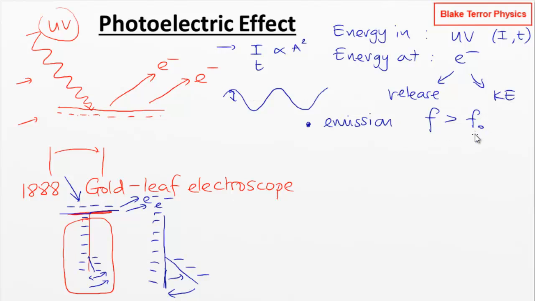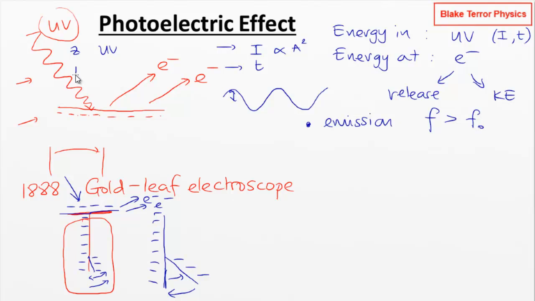So that's already a problem, because we'd think, well, it might be low frequency, but if we just shine it for long enough, eventually, surely we're going to get some emission of photoelectrons. But no, we don't. The observations are to the contrary. And these threshold frequencies, for zinc, it's somewhere in the UV.